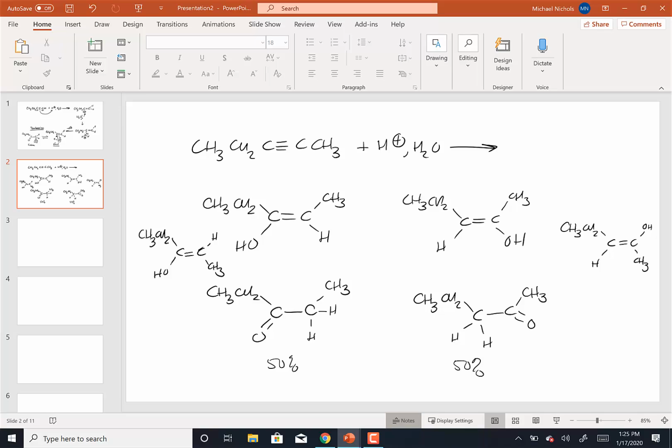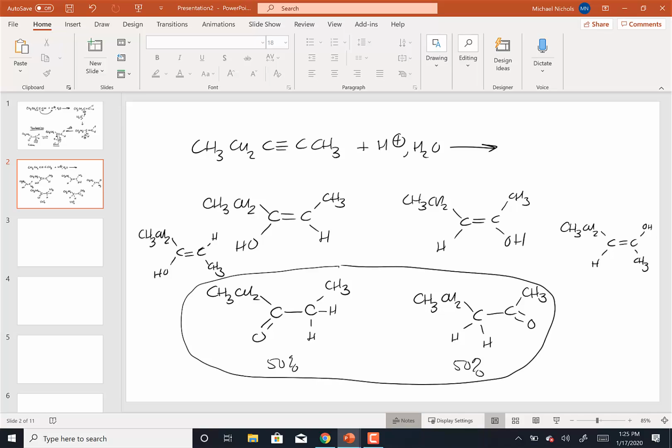Because it goes through a carbocation intermediate, so you would add H and OH 50-50. In this case, though, you could say, do I have to do that? The thing is, for the final products, those two are the final products, so it didn't really matter. But you are correct. We would have to add the H. If I just said stop at the enol, we would have both of those products.